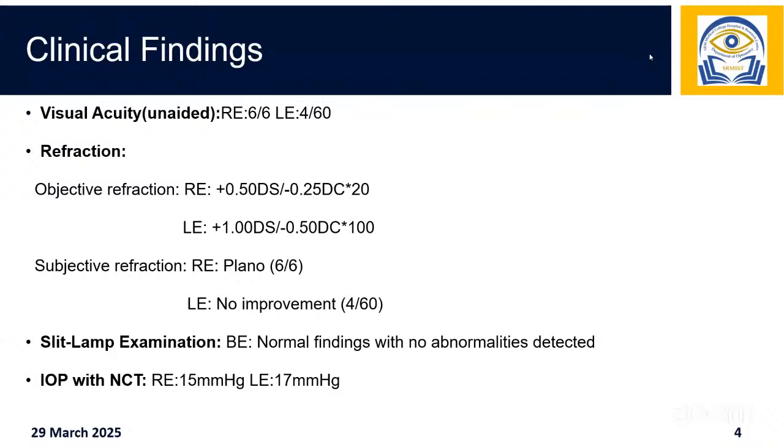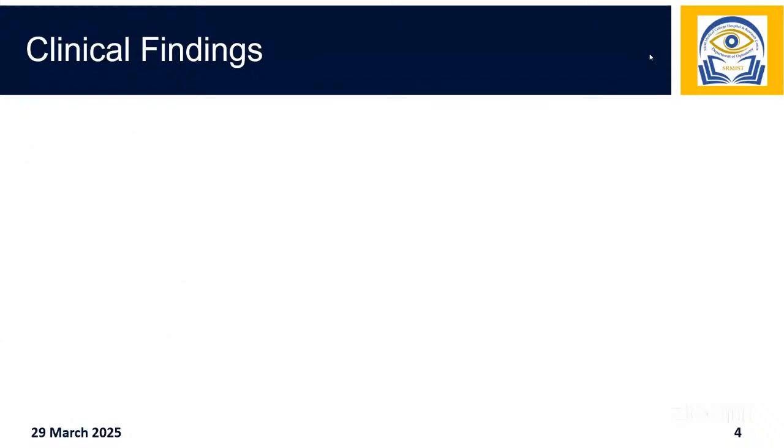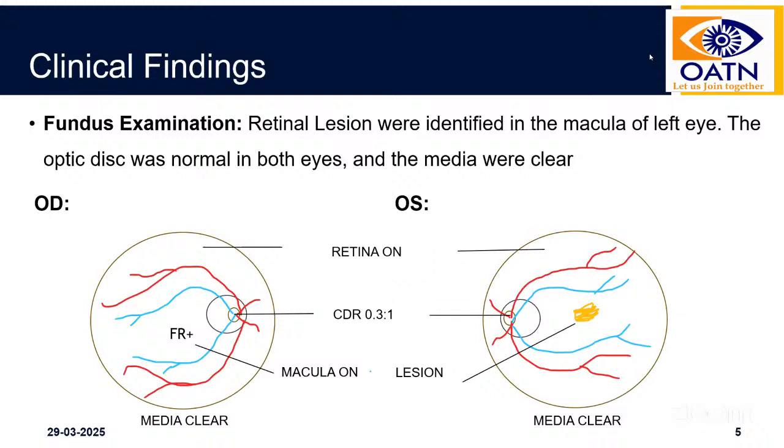In slit lamp examination, both eyes had normal findings with no abnormalities detected, and IOP in the right eye was 15 mm Hg and in the left eye 17 mm Hg. Now we can see the fundus examination of this patient. There was a retinal lesion present in the macula of the left eye, and the optic disc and media were clear in both eyes.